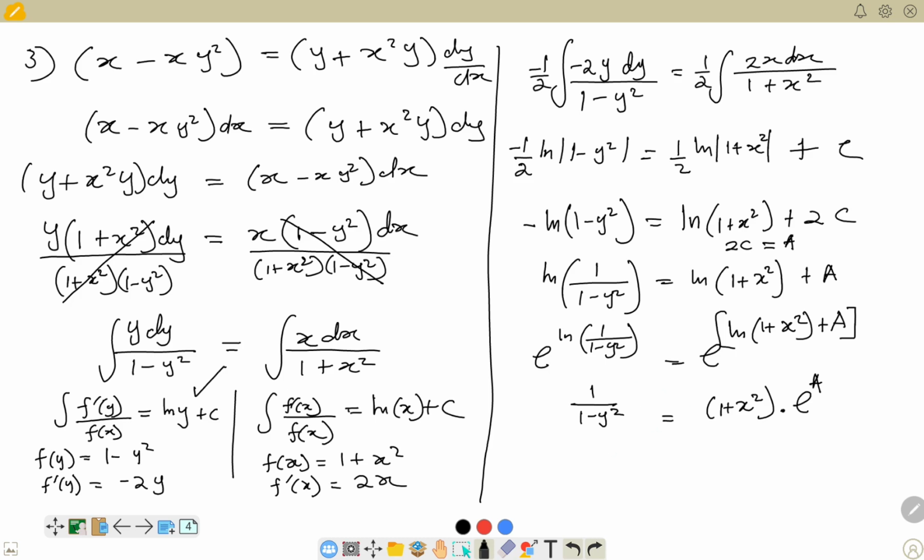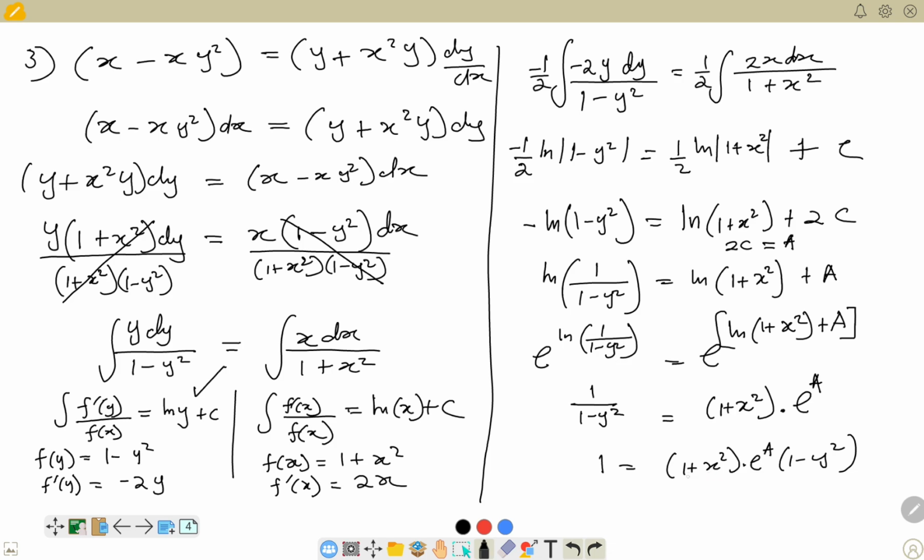So from here, the goal is to just make y the subject of the formula. I think we can multiply both sides by, because the one that is in the denominator is 1 minus y squared, so we will have 1 is equal to 1 plus x squared times e to the power a times 1.